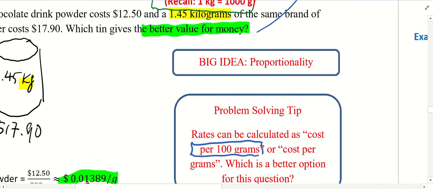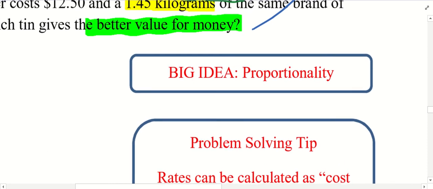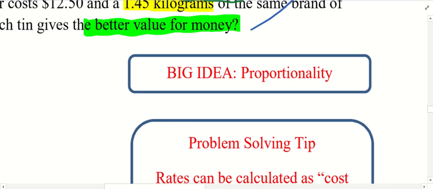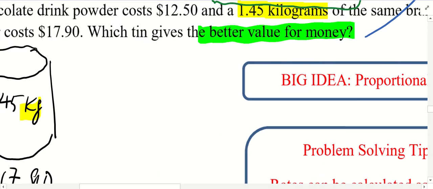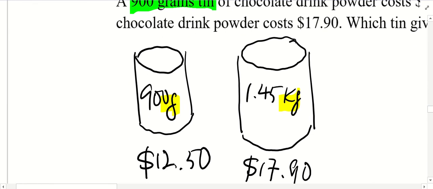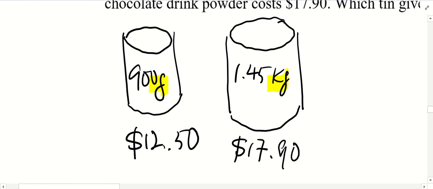Alright, and the big idea in this question is what we call proportionality. What does it mean? Okay, so for this example, proportionality means that I assume that for any can, let's say for the smaller can, I'm paying $12.50 for 900 gram.